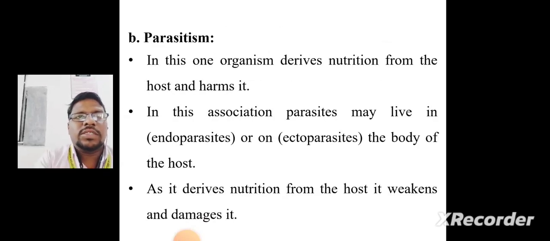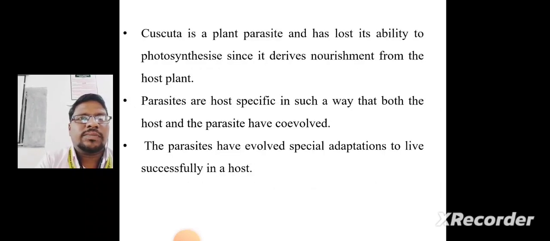Next one, parasitism. In this, one organism derives nutrition from the host or harms it. In this association, parasites may be endoparasites or ectoparasites. Endo means inside the organism, ecto means on the surface of the body. As it derives nutrition, the host is weakened and damaged.